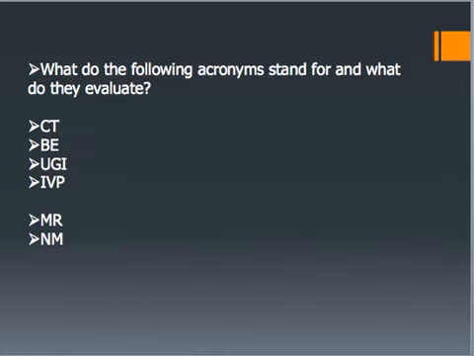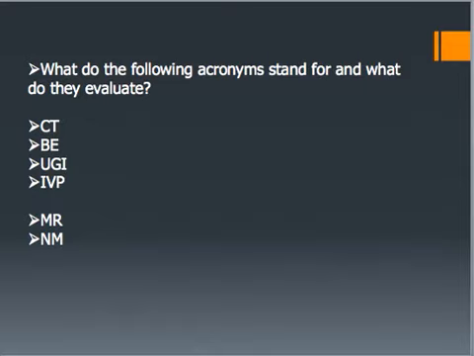And then MR stands for magnetic resonance. It can be MR, it can be MRI, which is magnetic resonance imaging, or MRA, which is magnetic resonance angiography. And remember, with MRA, we can look at the blood vessels without using contrast, like in interventional radiology.